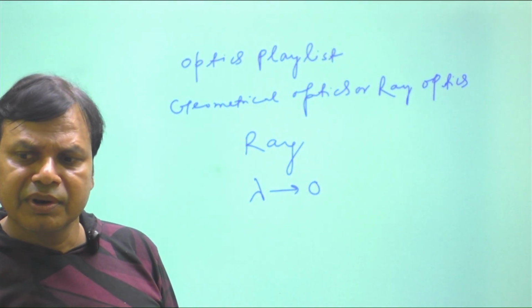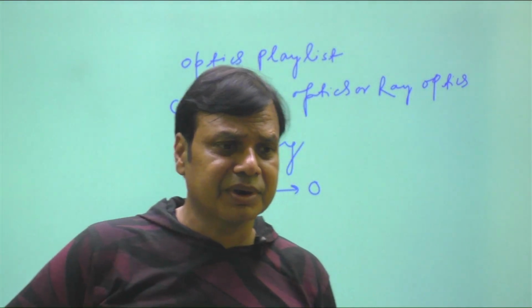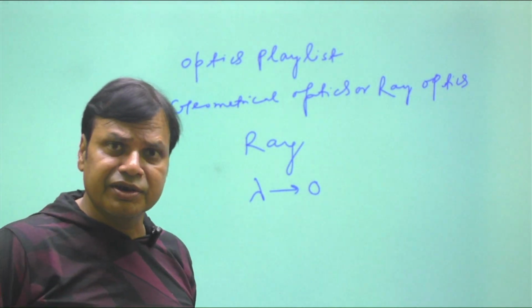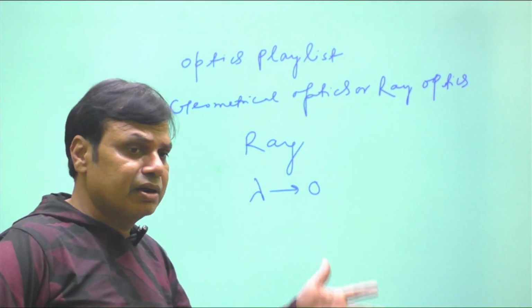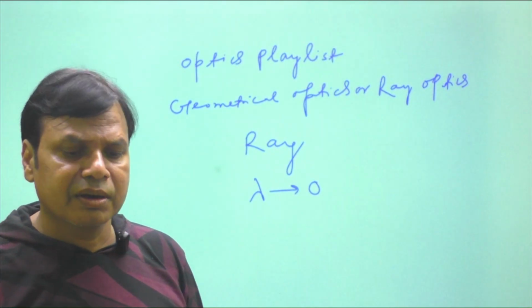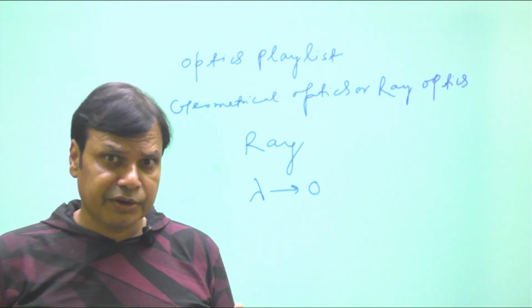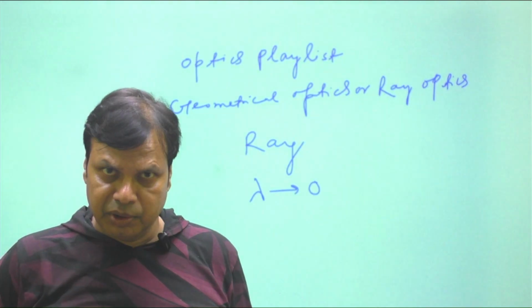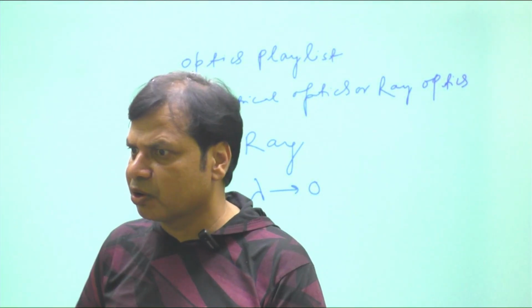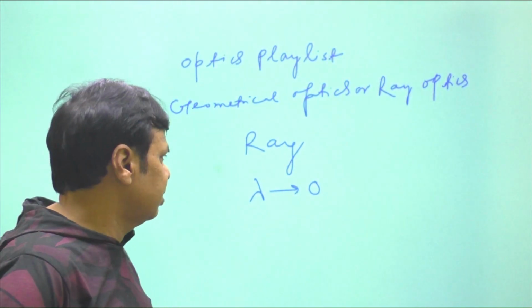Nothing happens. You can consider this medium as uniform and isotropic, and in such a case light can follow a straight line path, and then this mathematical model called light ray is considered when wavelength is quite small, not the obstacle or the aperture, whatever be the size of aperture.